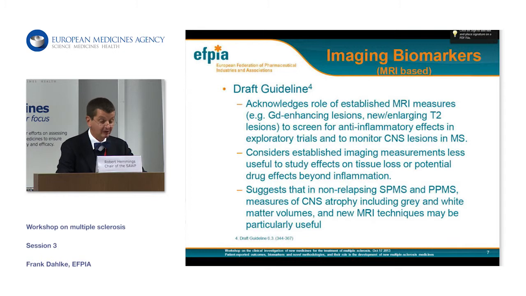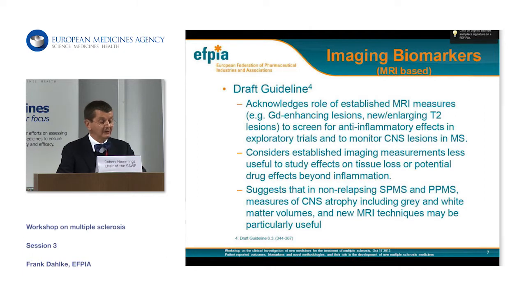Let me now turn to MRI biomarkers, and here several have been established for many years, starting with the interferon beta-1b registration some 20 years ago, exactly 20 years ago. And the guideline acknowledges, obviously, the role of those MRI measures to screen anti-inflammatory effects in exploratory trials, or to monitor CNS lesions or inflammation in longer-lasting pivotal trials.